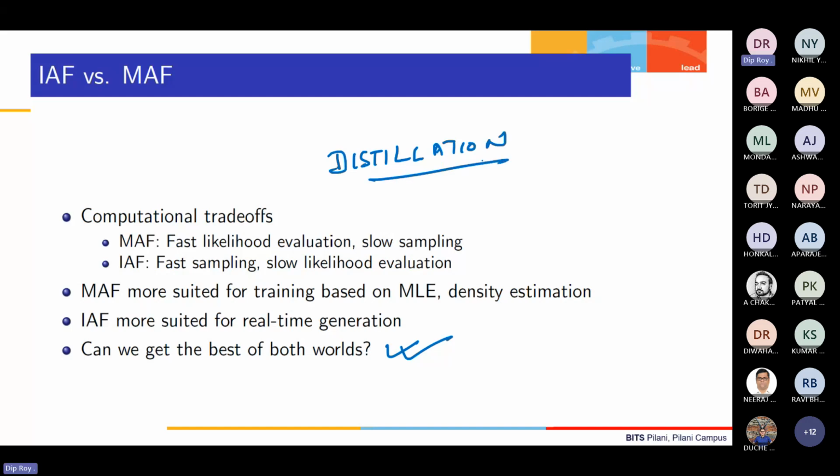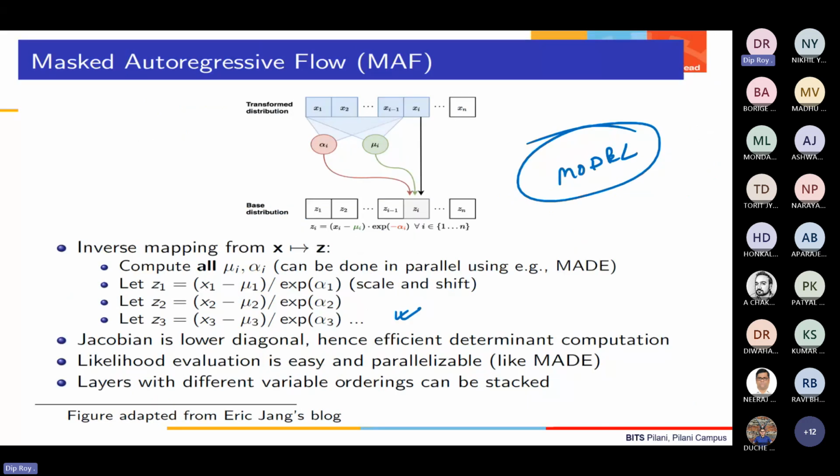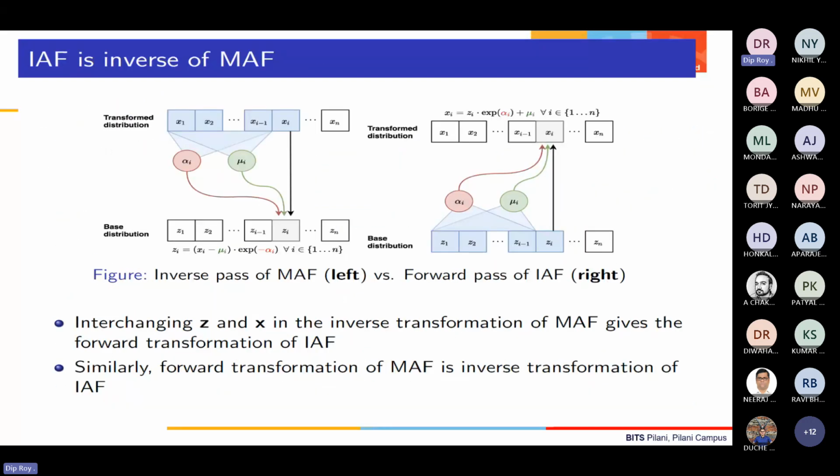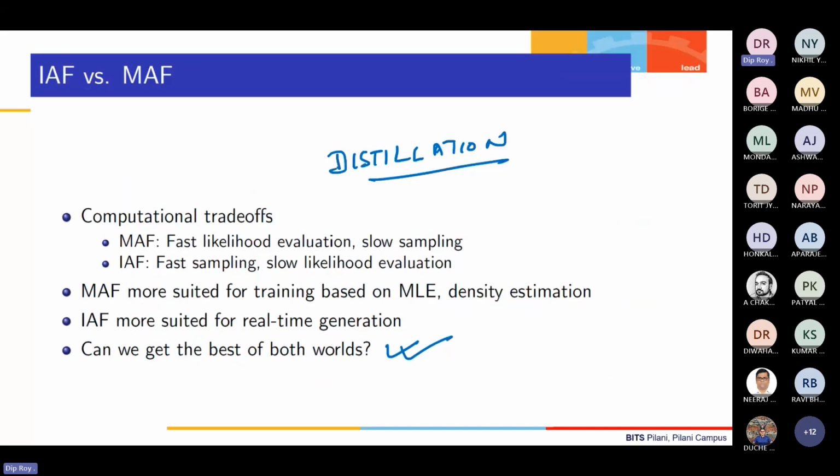Now, any questions on IF or MAF? It should be pretty simple. MAF is nothing but the autoregressive model. We are mapping X to Z, and in IF we are mapping Z to X. It is basically the inverse of an autoregressive model. Any questions?